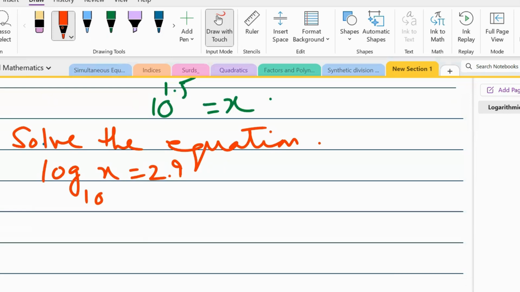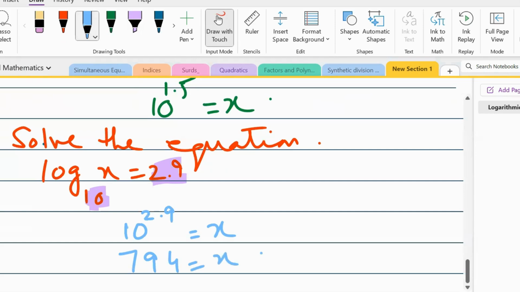This base becomes the base of the exponential function, and this 2.9 becomes its power. So you will write 10 raised to the power 2.9 is equal to x. You can use a calculator to find 10 raised to the power 2.9, which is equal to 794. So this is how you can solve exponential equations.